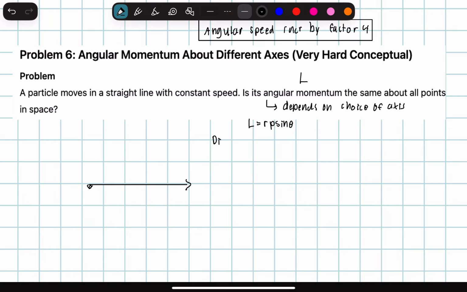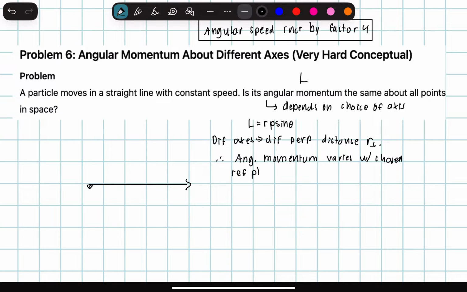If you have different axes, that means you have different perpendicular distances. Therefore, the angular momentum always varies with your chosen reference point.